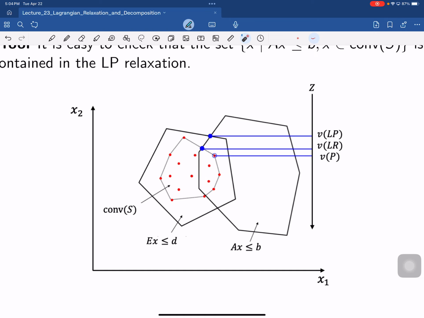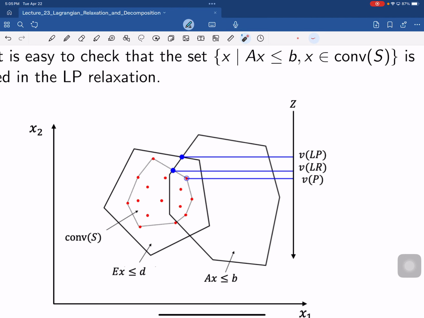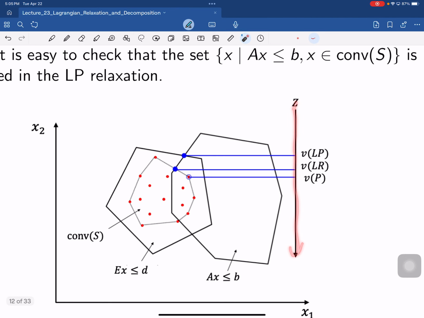And let's suppose you are minimizing Z. The plot shows Z increasing in this direction, and you are minimizing Z. Then this particular point will be the optimal solution of the original problem, because you need to satisfy the integrality constraints and be in the intersection of the two polyhedral sets.